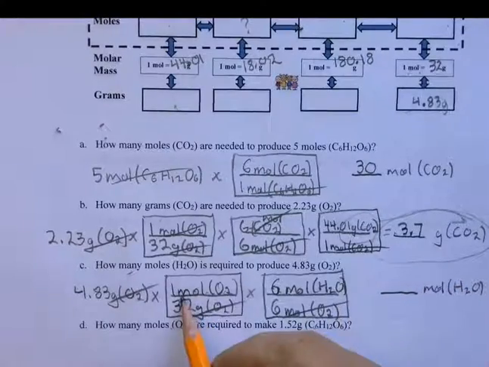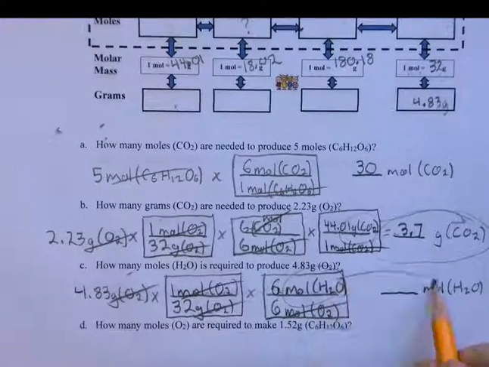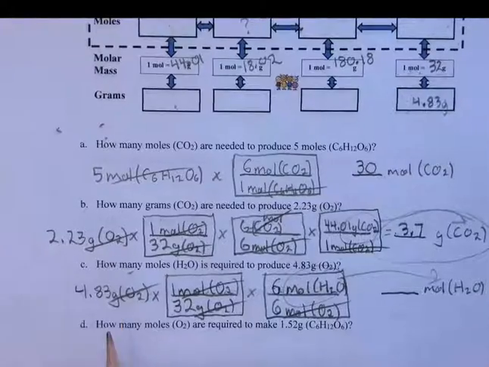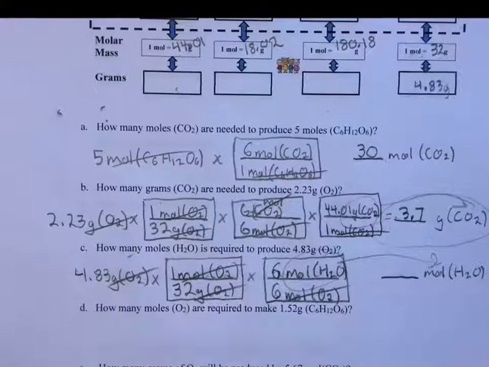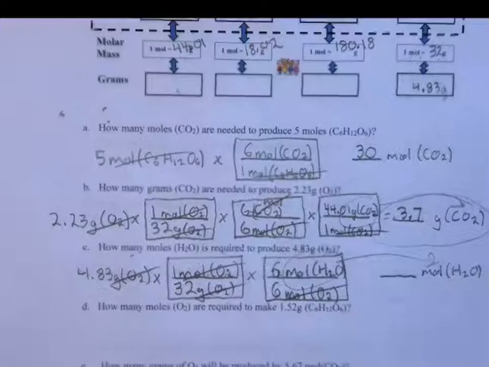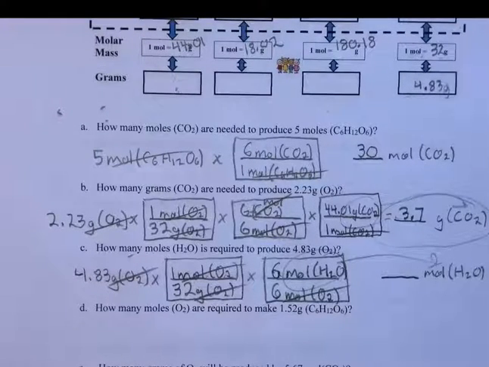Moles O2 cancels, last man standing. And so we can do our math, and that's going to be 4.83 times 1 times 6 divided by 6 divided by 32, and that gives us 0.15.